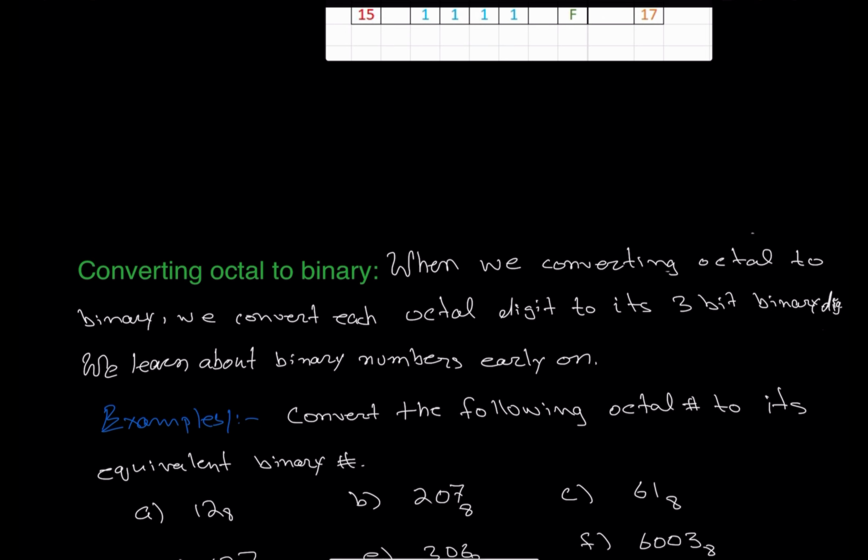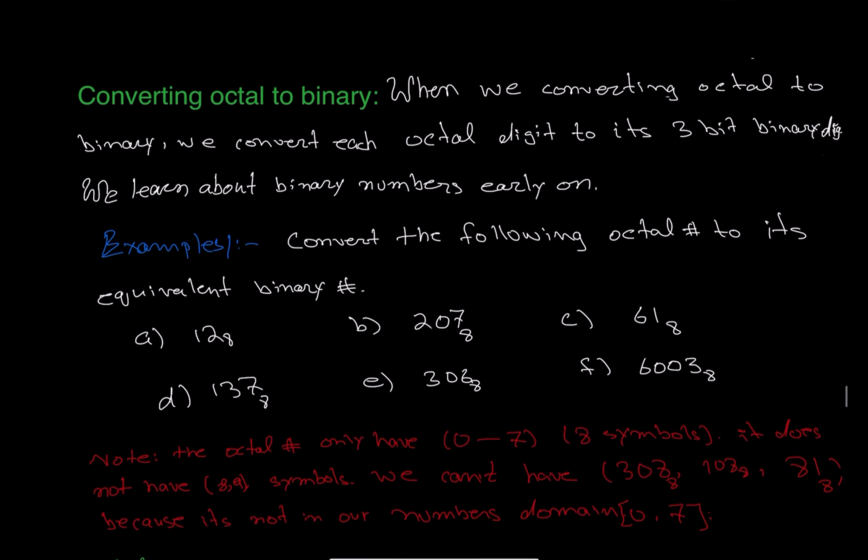When we talk about conversion, we have octal to binary, then binary back to octal, octal to hexadecimal, octal to decimal, and decimal to octal. You have 6 different conversions back and forth.